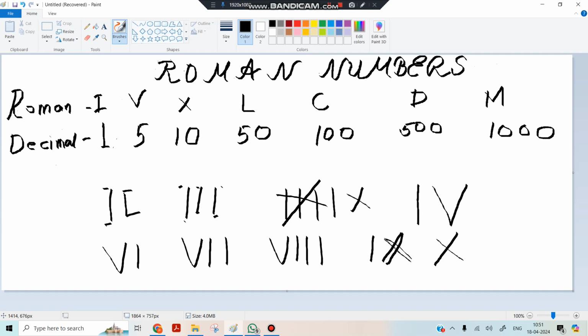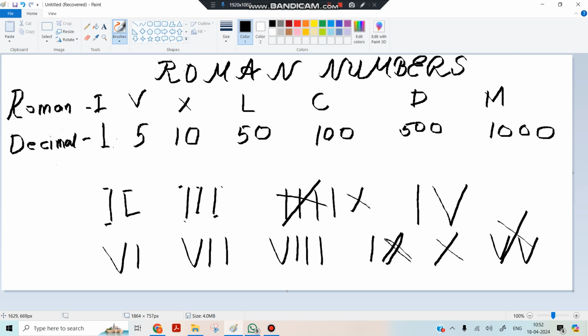The second rule is the letter V is not repeated. We cannot write 10 as VV. No, this is wrong. So the letter V is not repeated. The letters I and X, that is 1 and 10, are repeated, but maximum 3 times.